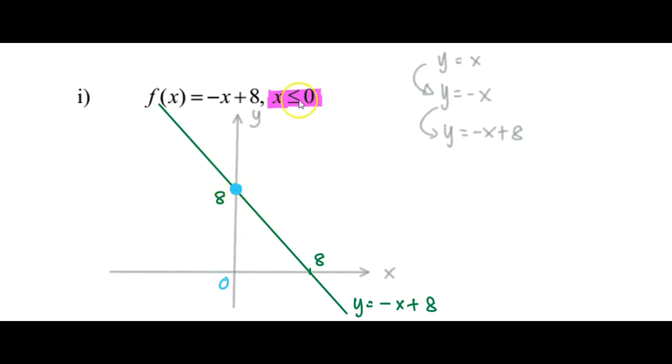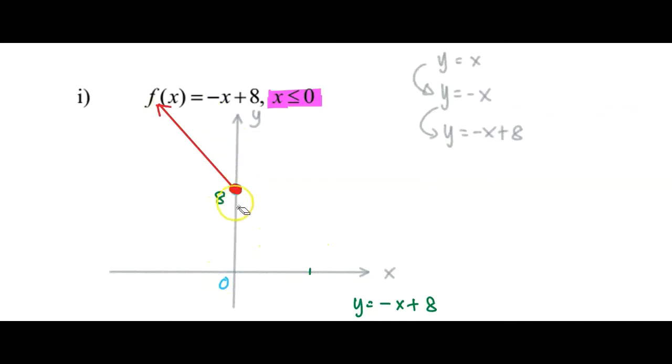Since the question is asking for x less than or equal to 0, we remain the left hand side, and the right hand side we will delete. The part I highlight with the red line is the one I want to remain. Here I can put the arrowhead to show that the graph is going to the left and going up non-stop, and the excess I will delete.